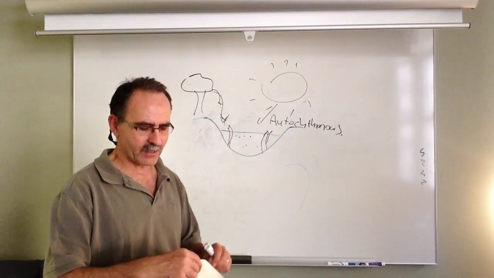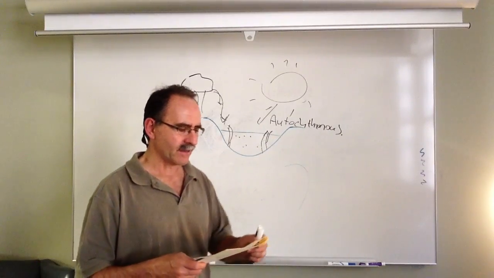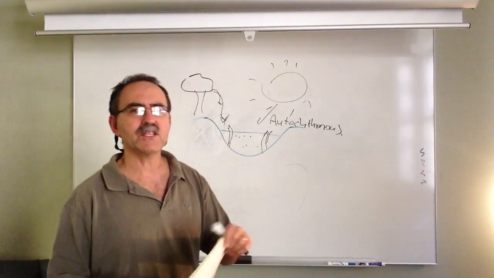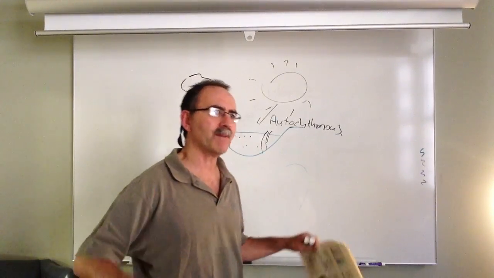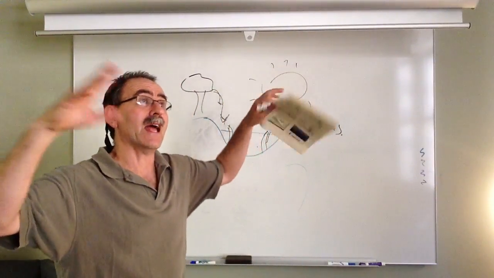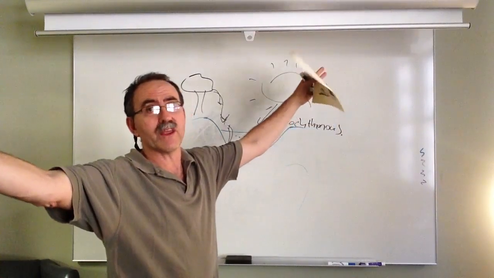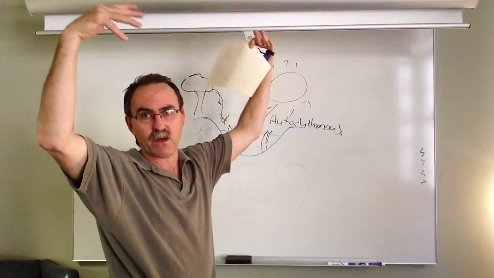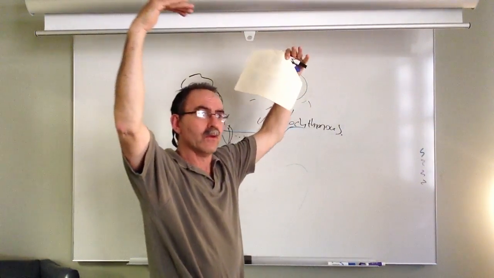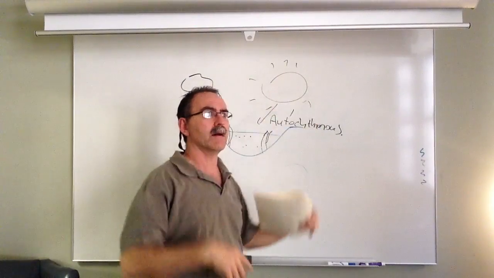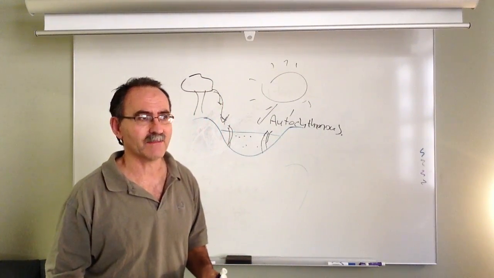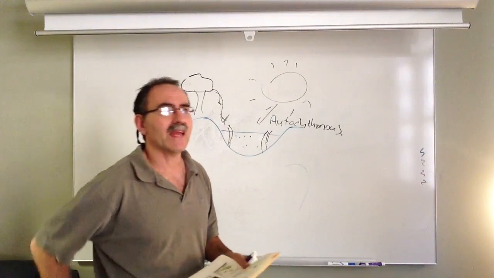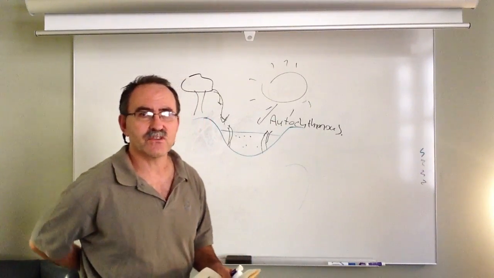When you go into the mid-order streams, he talks about your energy inputs change as the stream broadens. Now, basically what happens in this case, as the stream broadens, the tree canopy can't cover the whole thing, okay? So you have a lot of photosynthetic or more photosynthetic activity going on as the sun actually hits the stream.